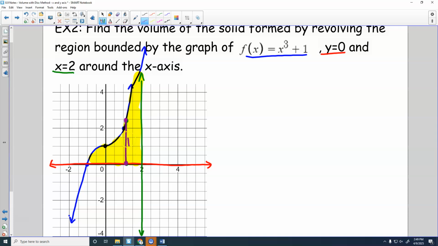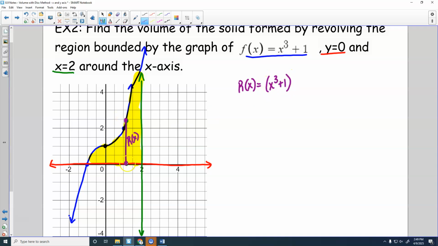This is your r of x. And if we are looking for that r of x, it is where our radius hits that top function, which is x to the third plus 1.